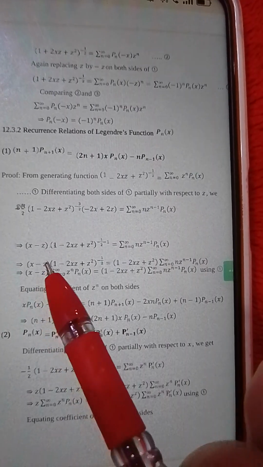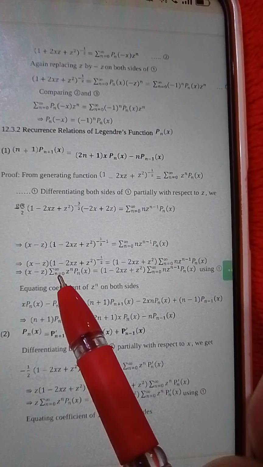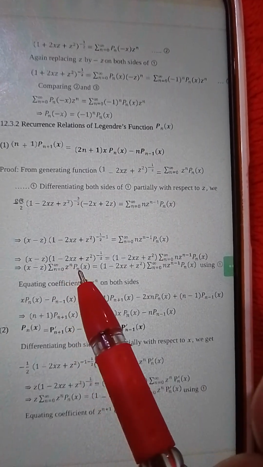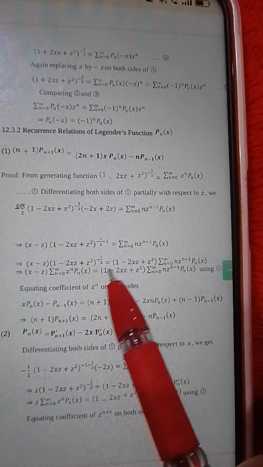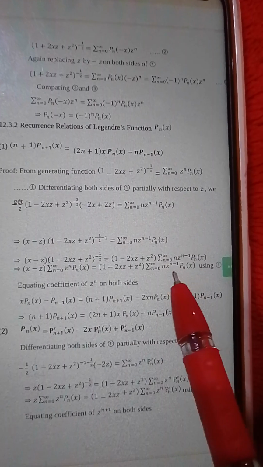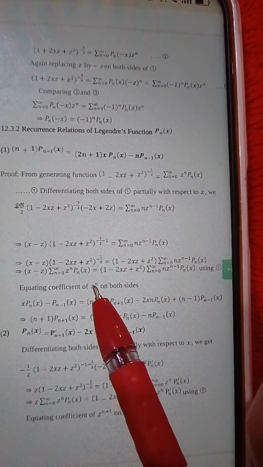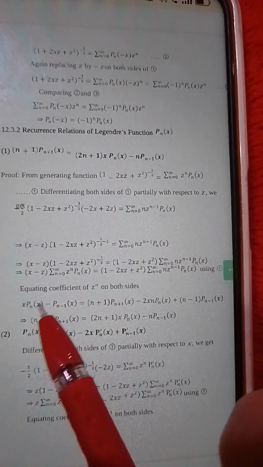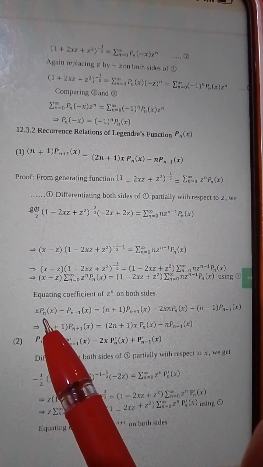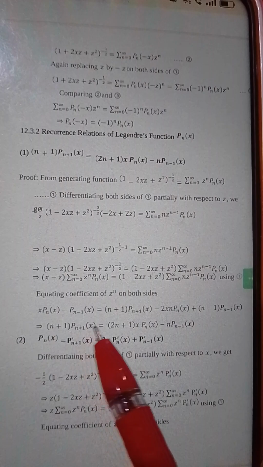Okay, now (x minus z), and as we know it is our generating function, so in place of this we can write summation n equals 0 to infinity z^n P_n(x), equals this term as it is, and this same. Now we are comparing the coefficients of z^n. If we compare the coefficients of z^n, what will we get? We will get this, and we had to prove this.